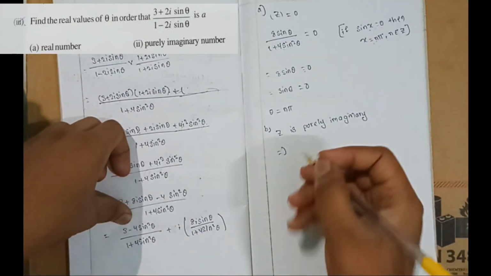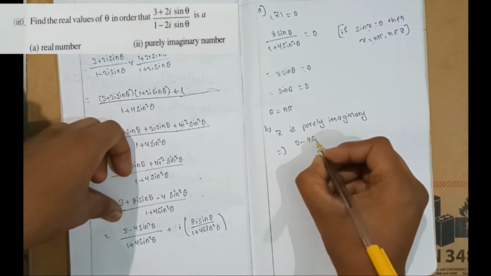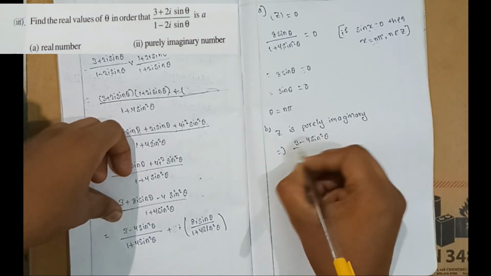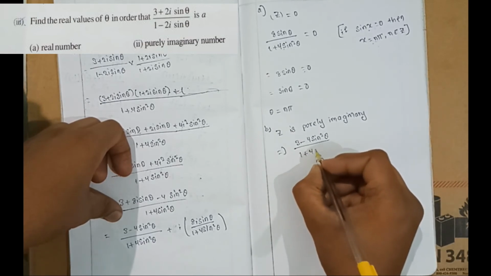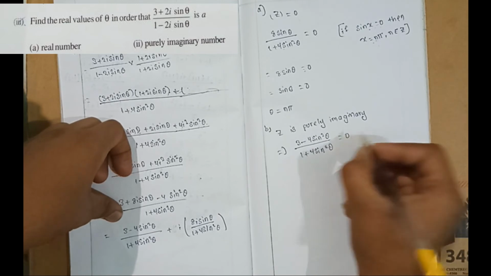Now we'll take this equation, 3 minus 4 sine square theta by 1 plus 4 sine square theta equal to 0.